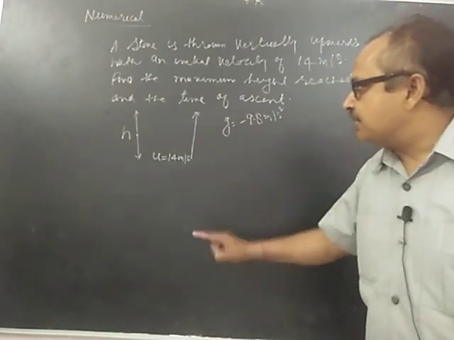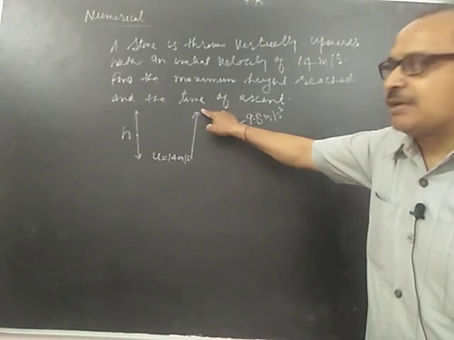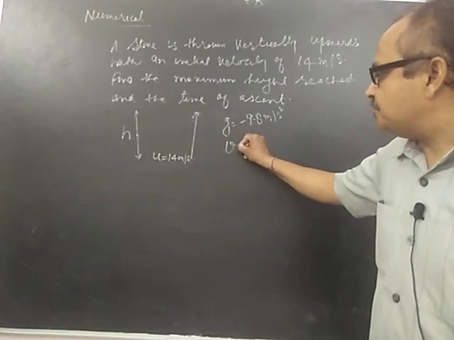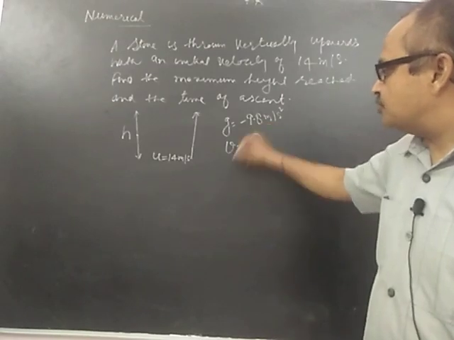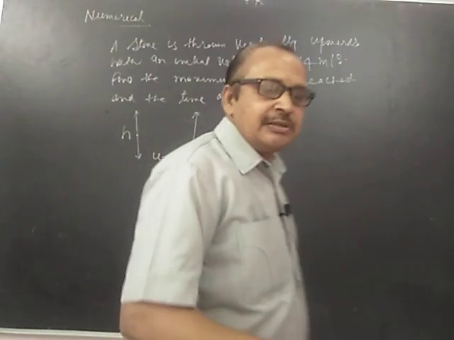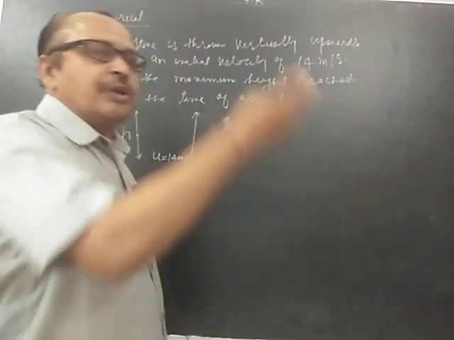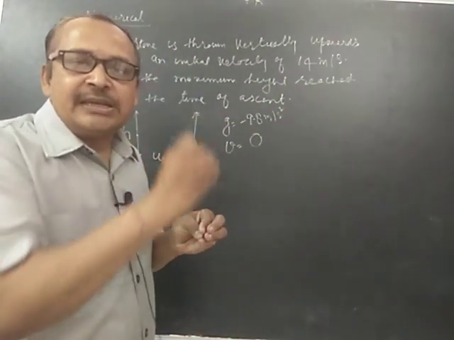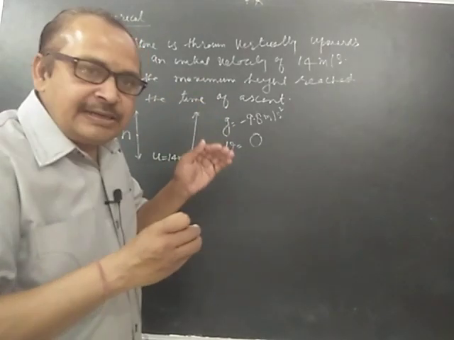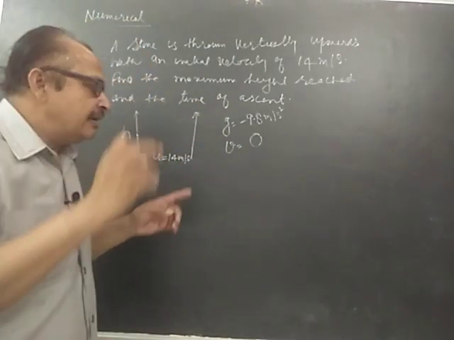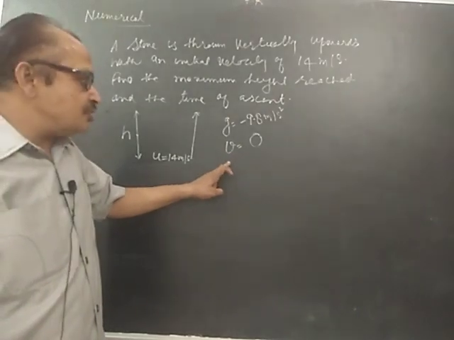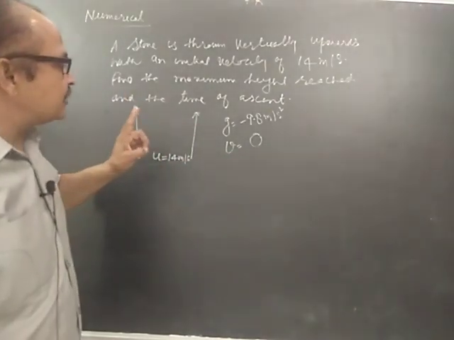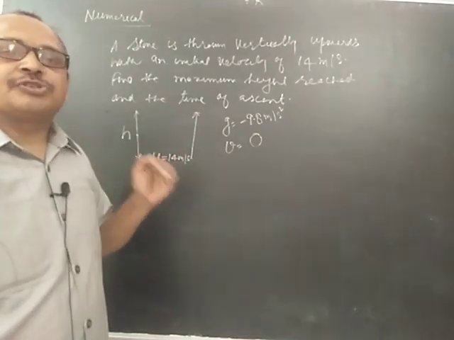And when the body reaches the maximum height, its final velocity will become 0. Everybody knows that, because whenever we throw a body upward, its velocity keeps on decreasing, and when it reaches the maximum height, it becomes 0. So this is the information available in the question.